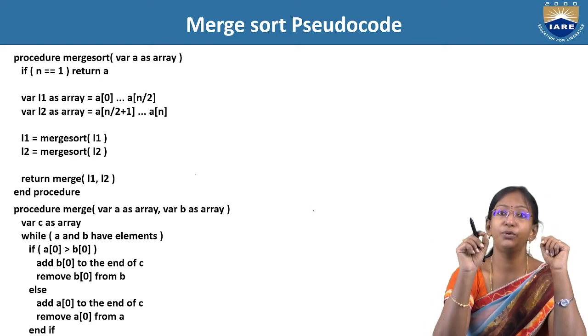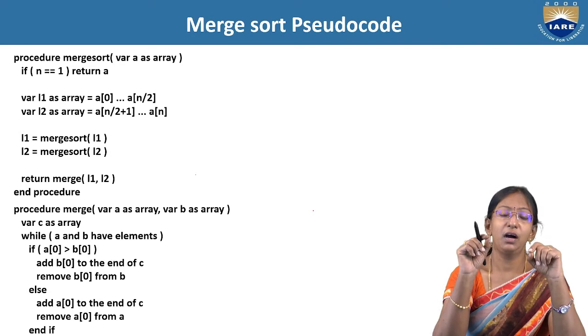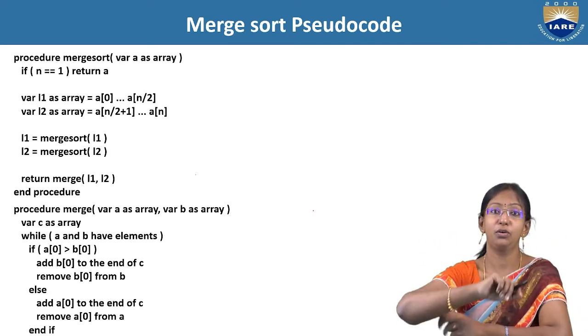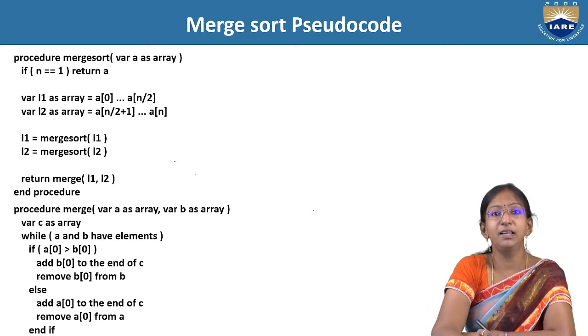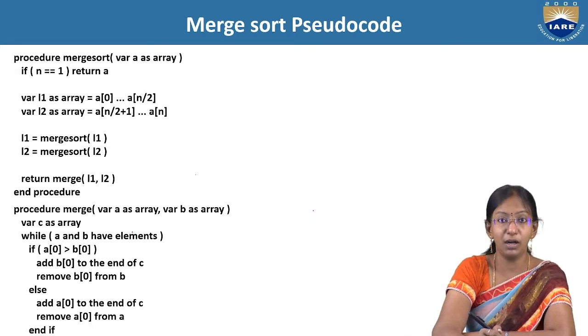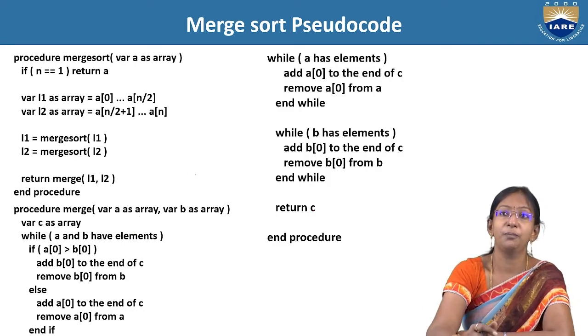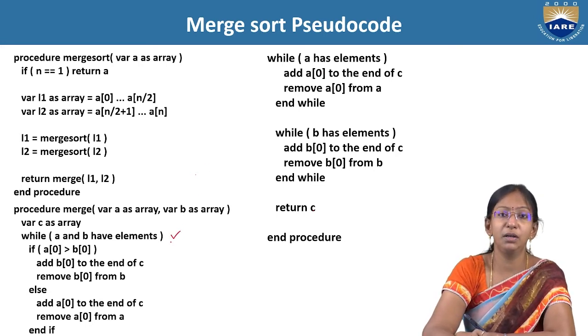There is a point you need to remember, guys. What if A and B are not of the same length? That means, say, list A has come to an end, and in B you still have elements. What are you supposed to do? Have a look at this statement.